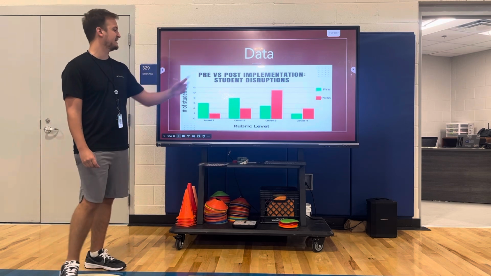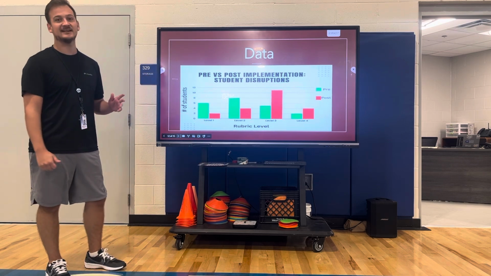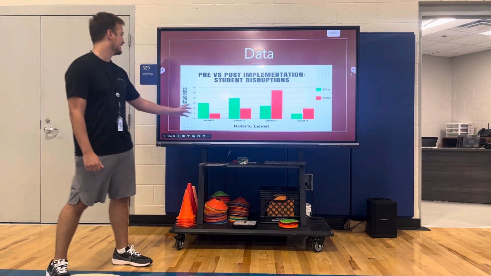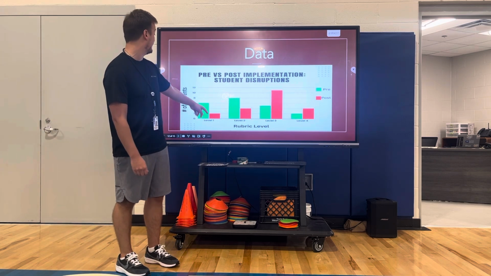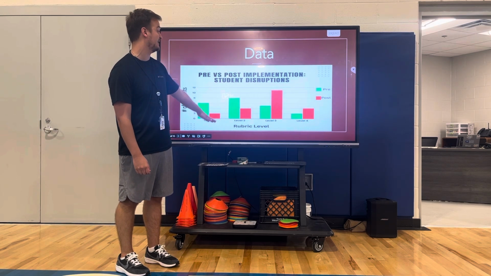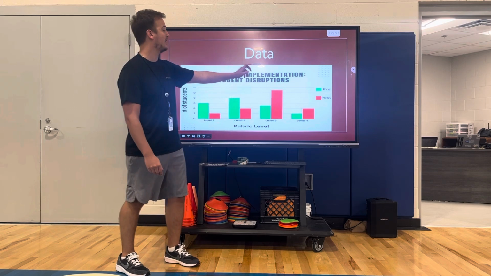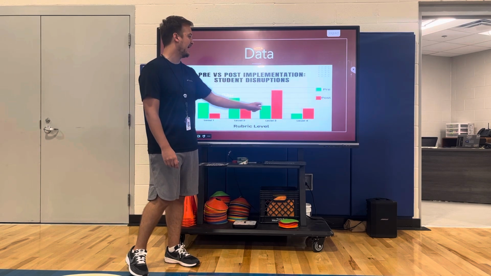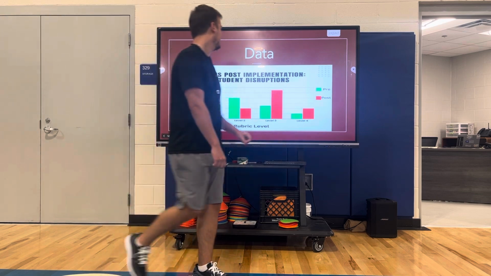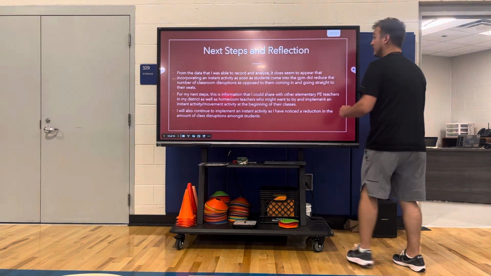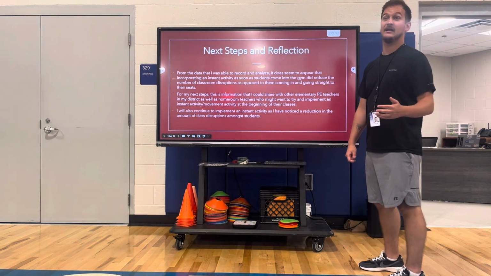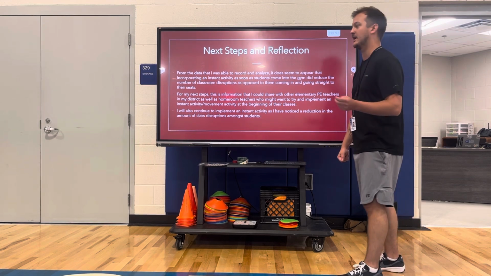And post-implementation, after implementing instant activities and warm-ups, the number of 1s and 2s dropped significantly, and there were a whole lot more level 3s and 4s. So, for me personally, that showed there was a very positive correlation there.